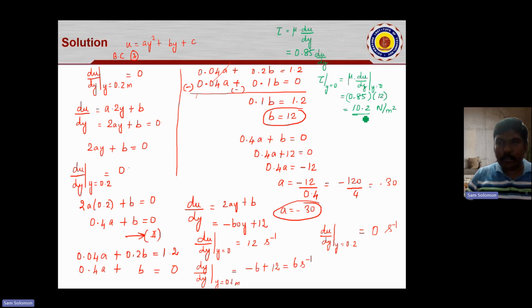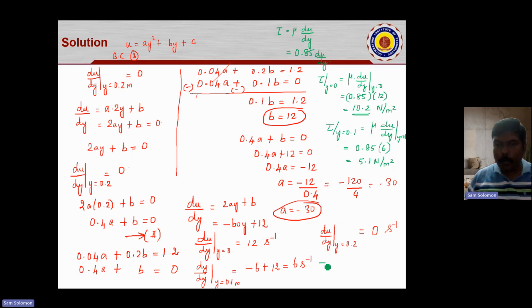Okay, that is our first result. Then tau at y equal to 0.1 is mu times du by dy at y equal to 0.1. So that is 0.85 multiplied by 6, which is 5.1 Newton per meter squared.